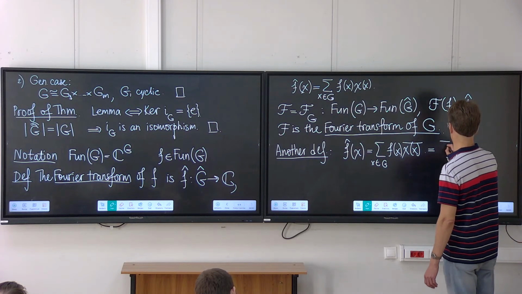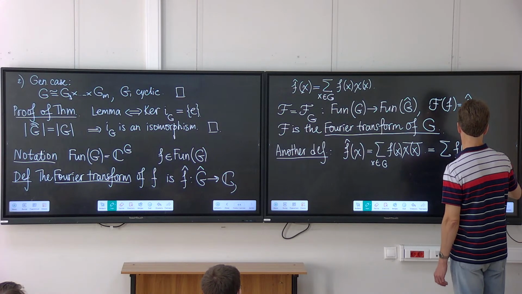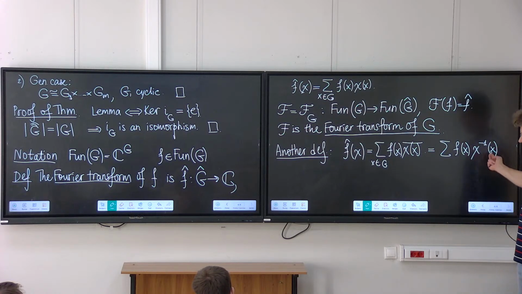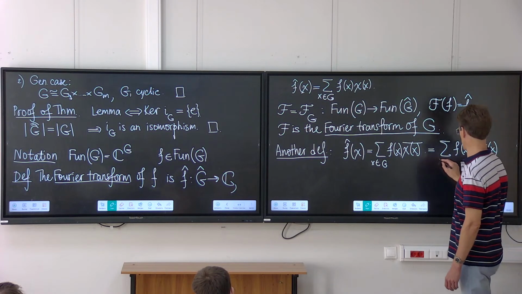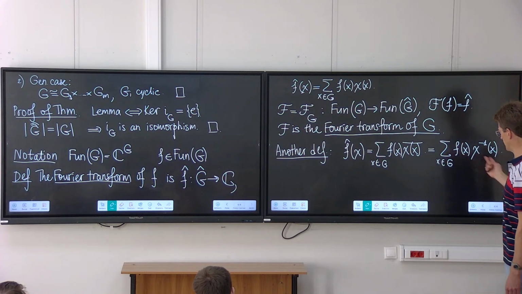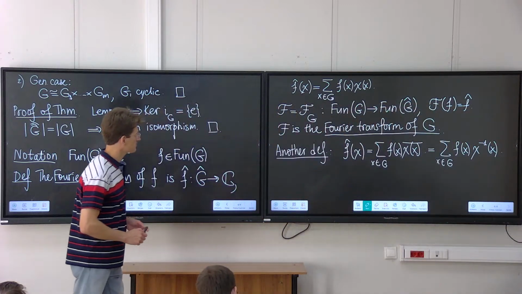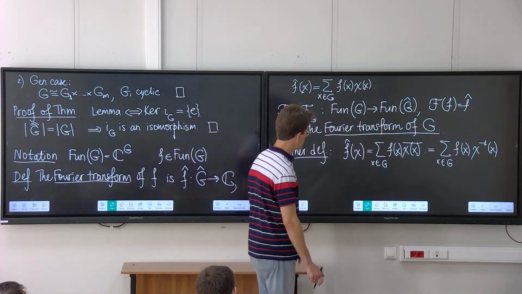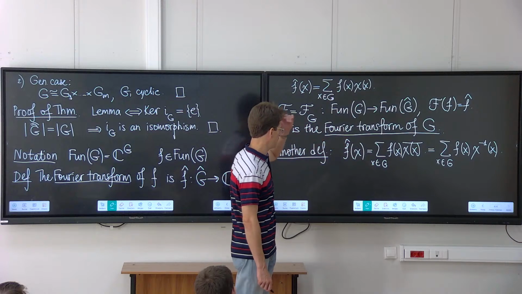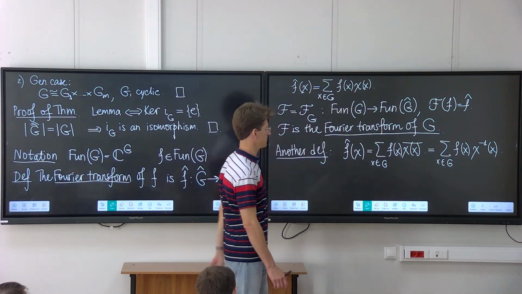We can observe that chi of x complex conjugate, we can just replace by chi inverse of x. This is the same number. So our definition and this definition are related by replacing chi by chi inverse. In some situations, this is convenient. From my point of view, our formula looks much more natural. So we'll use this formula as the definition of the Fourier transform.